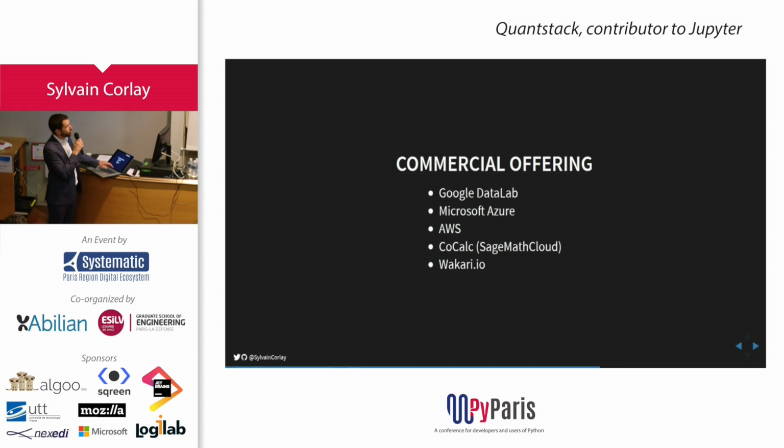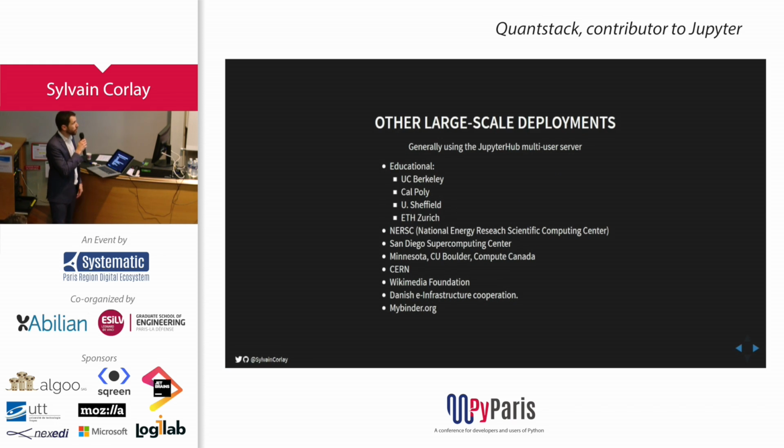So there are a few commercial offerings for Jupyter. There are most of the cloud service providers, Google Data Lab, AWS, Amazon Web Services, Microsoft Azure. CoCalc and Workari are smaller, but also very involved in the development of the software. So there are some other large-scale deployments.